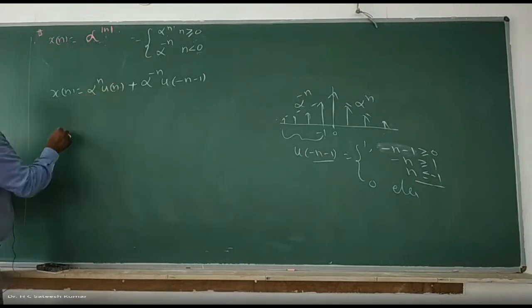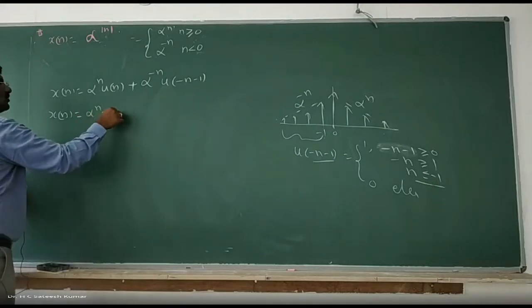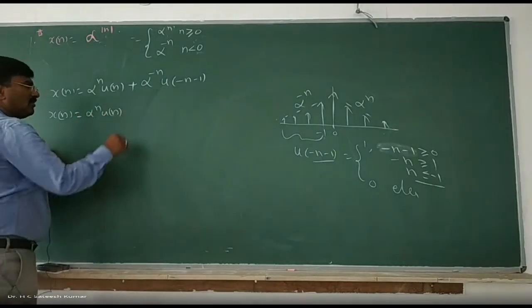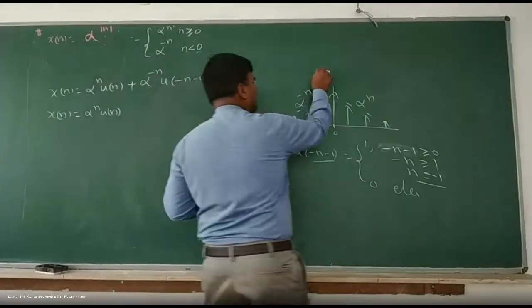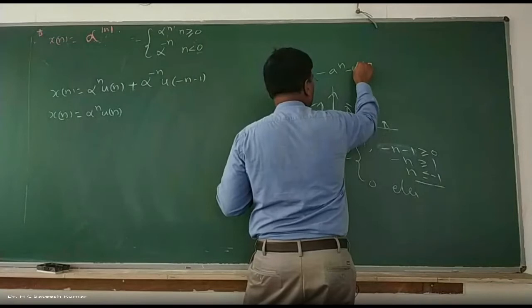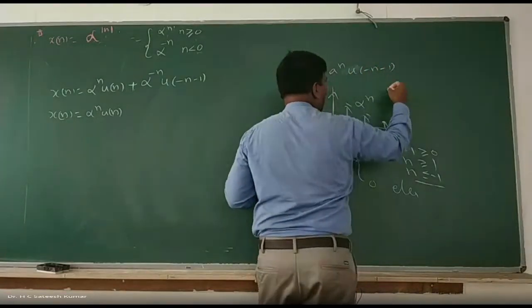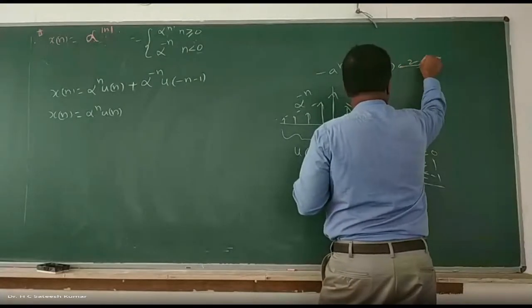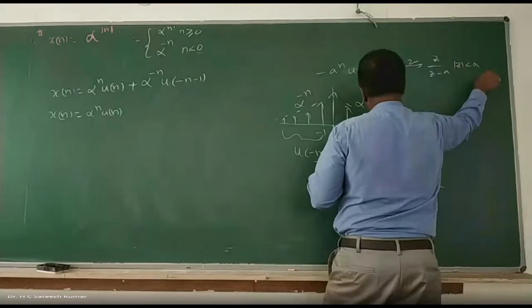But this is not a standard relation. What I will do is x of n is equal to alpha to the power of n into u of n. Okay, right. Actually, the standard relation is: minus a to the power n into u of minus n minus 1 has the transformation z divided by z minus a with ROC mod z less than a. This is a standard relation.